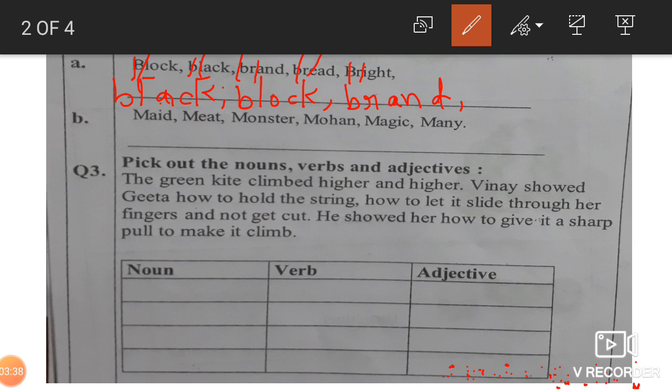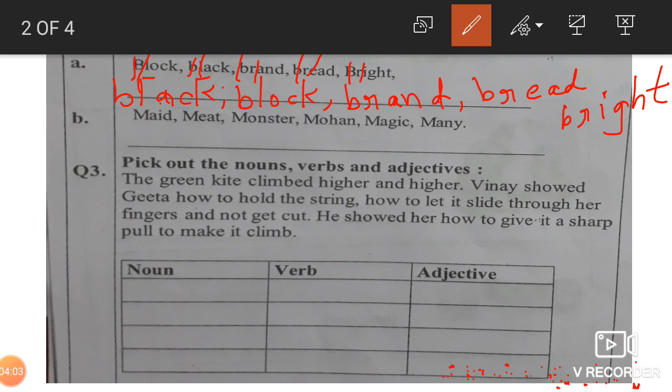You have to be a little careful, na? Now E will come first after brand, then it will come bread, and after bread it will come bright. Okay, like this alphabetical order. So black, block, brand, bread and bright.